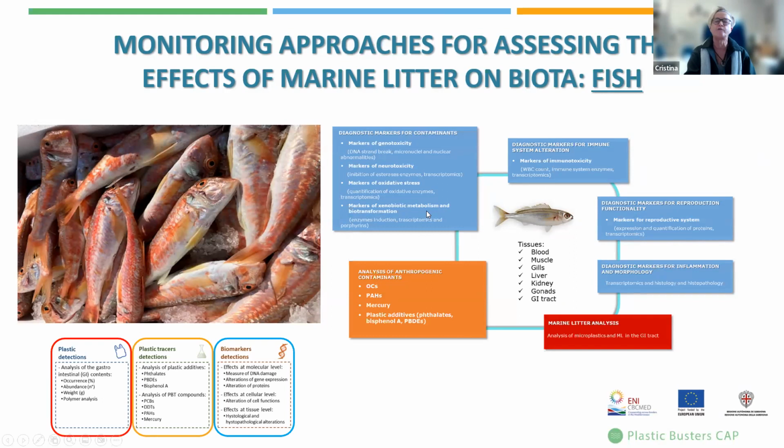In this biological material, you can analyze plastic tracers, the same list that we reported for invertebrates, and even a wide range of biomarkers, ranging from the diagnosis of contaminants to markers of immune responses, reproduction, and inflammatory morphology. Again, with a more complex approach, this can really identify the relationship between the impact of marine litter in an area and the potential impact on species.